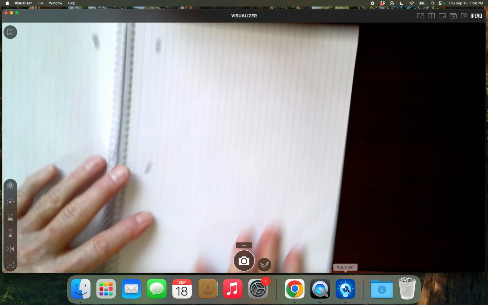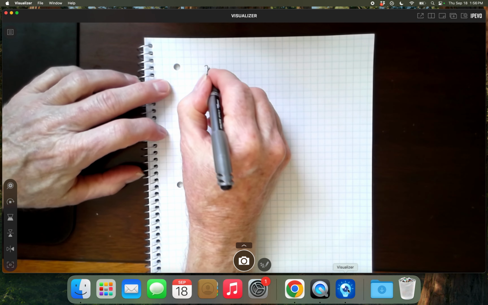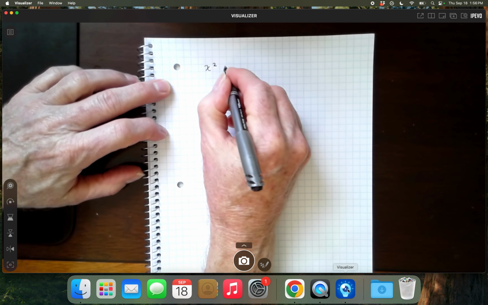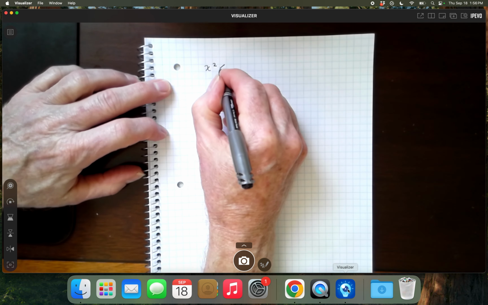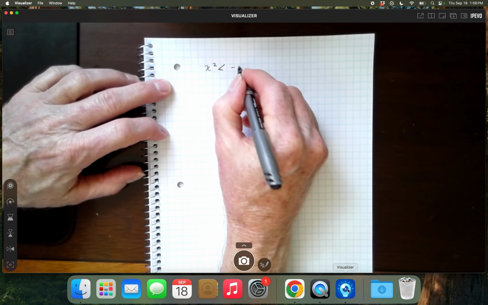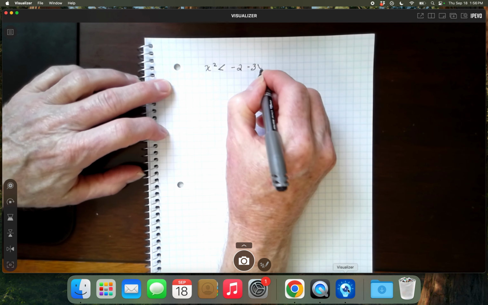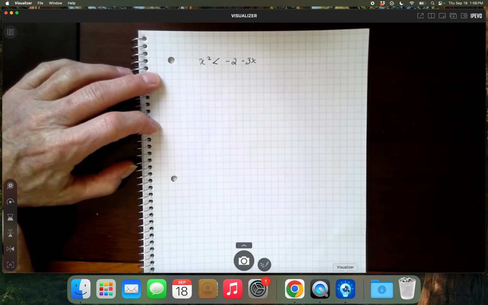Okay. I have another one. x squared, when is that less than minus 2 minus 3x? Quadratic inequality.